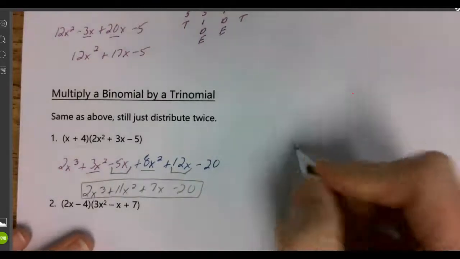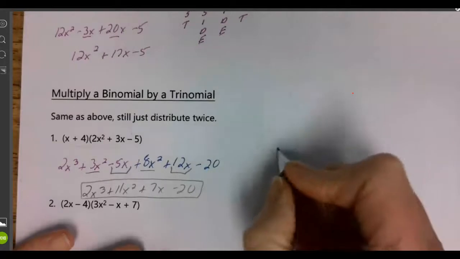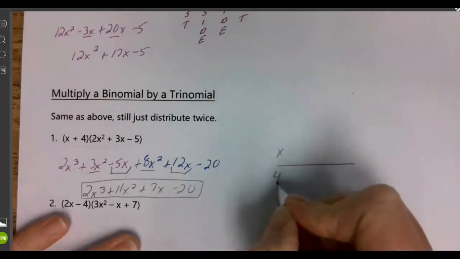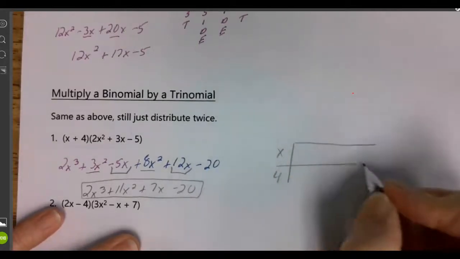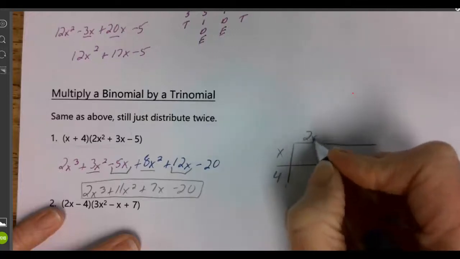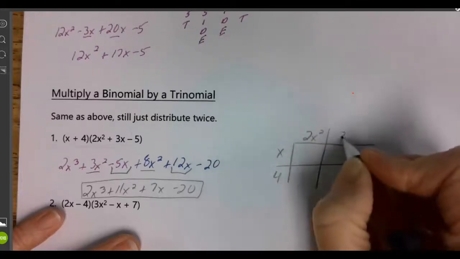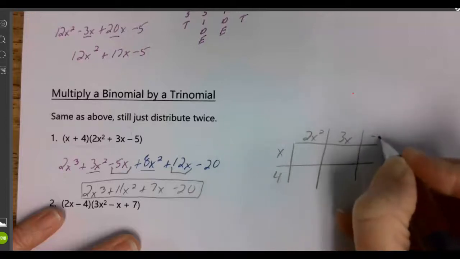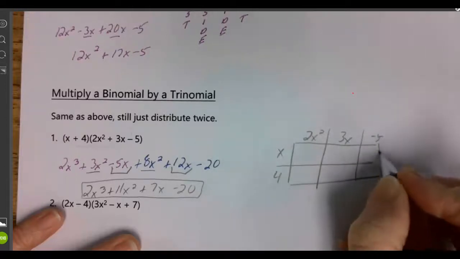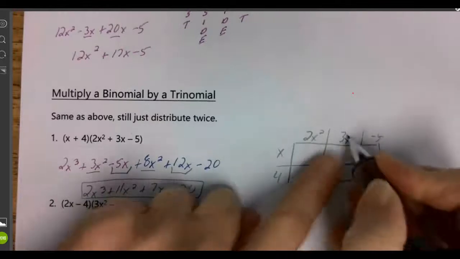Now, if I'm doing it by box method, I have to stop and think. I would do the x and the 4 is the way I would probably do it. And then I have 2x squared, 3x, negative 5. So it's just like with 2.